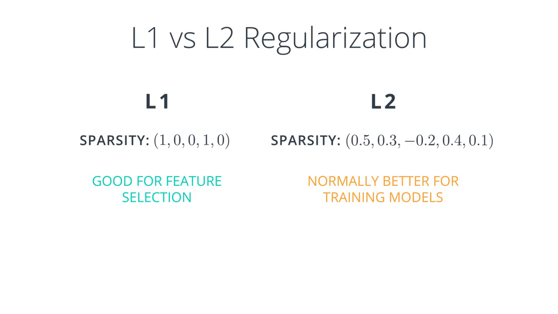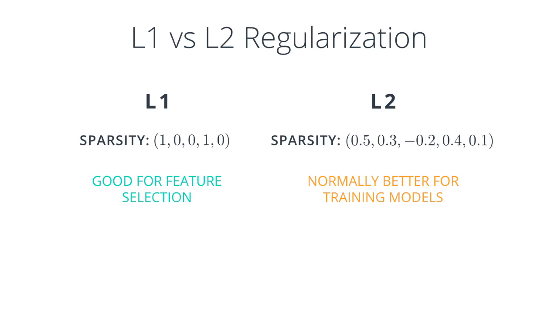This is also good for feature selection, since sometimes we have a problem with hundreds of features, and L1 regularization will help us select which ones are important, and it will turn the rest into zeros. L2, on the other hand, tends not to favor sparse vectors since it tries to maintain all the weights homogeneously small. This one normally gives better results for training models, so it's the one we'll use the most.